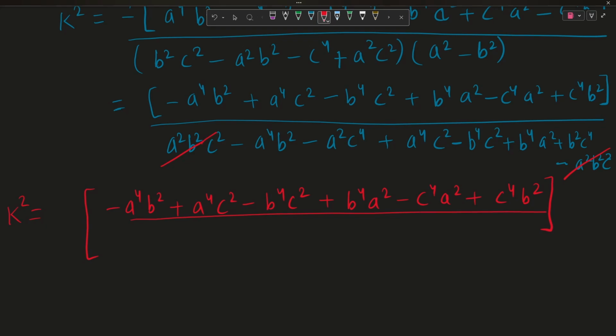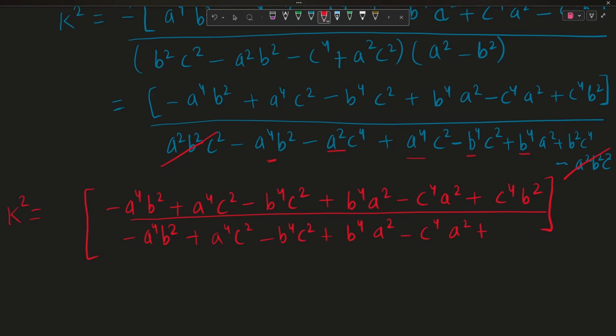divided by minus of a 4 b square. Now observe closely. I can arrange it and write a 4 c square, this value a 4 c square, then this value minus b 4 c square, then this value plus b 4 a square, then c 4 a square, and lastly the value which is left is this.